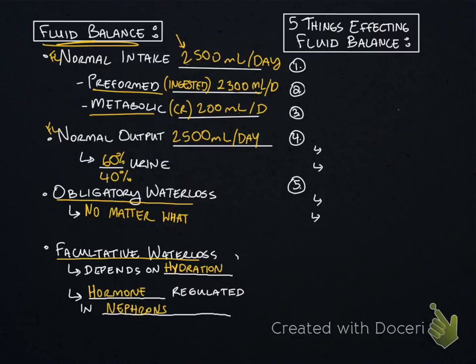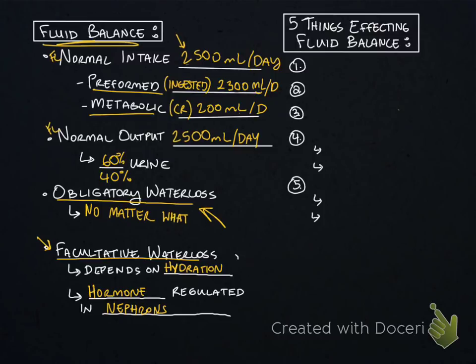Okay. So it's worth noting that facultative water loss will help to decrease your fluid output, with your antidiuretic hormone, but only to a certain point, because no matter what, over time, we will lose fluid due to obligatory water loss.